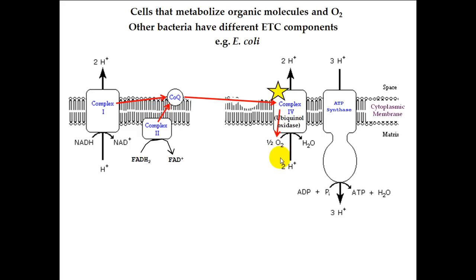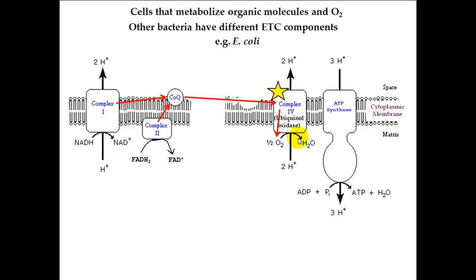So here we're taking a look at an aerobic respirator like E. coli. If it's an aerobic respirator, it uses oxygen as its final electron acceptor. The way that oxygen gets to the electron transport chain is that this complex 4 is basically attracting that oxygen so that it can become part of the electron transport chain.